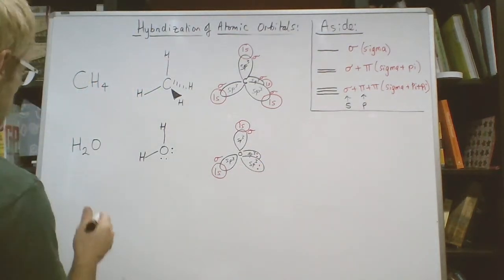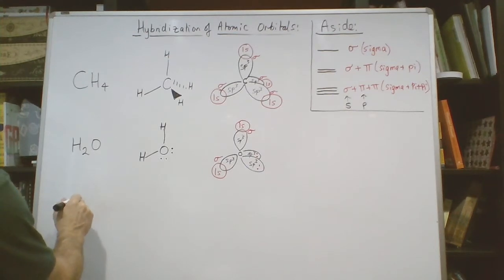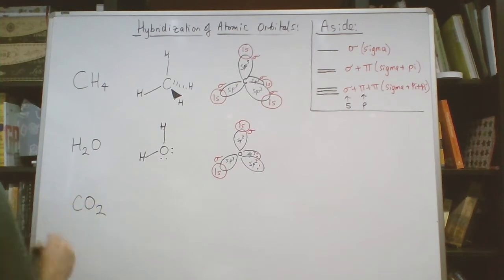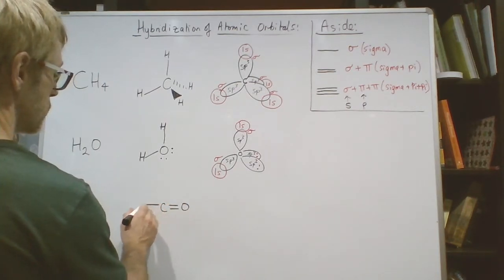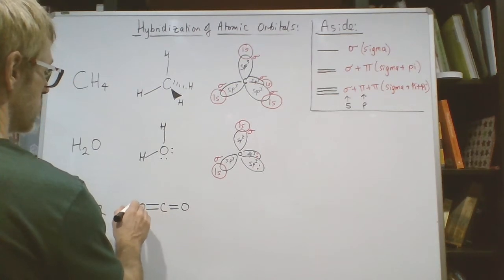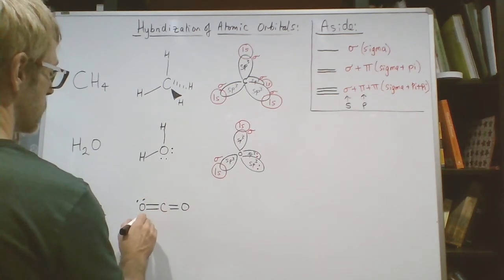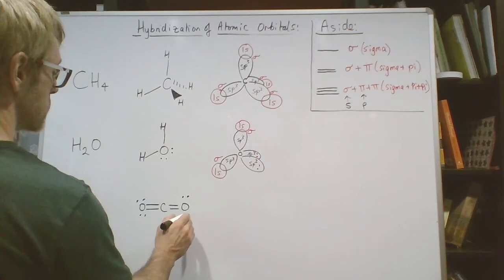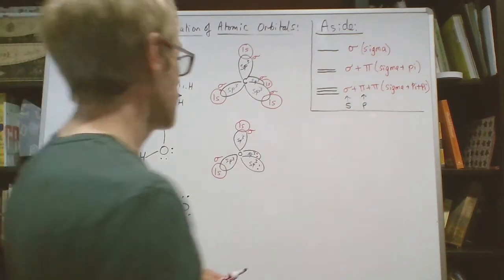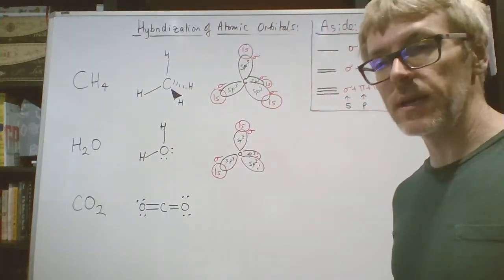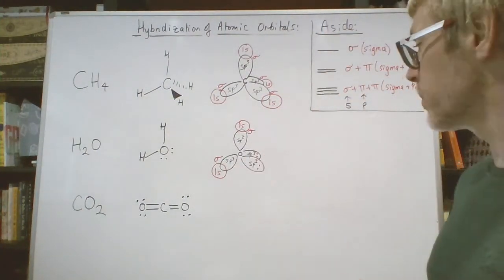So let's proceed to look at CO2. We know that CO2 is linear. It's got a couple of lone pairs on each oxygen. This is a bit trickier to draw. Doable but tricky, especially with a marker and a whiteboard.